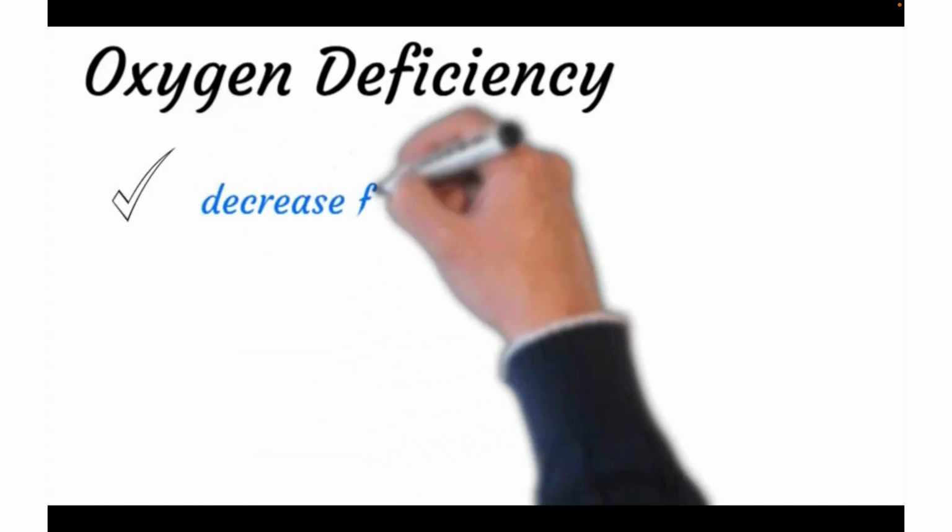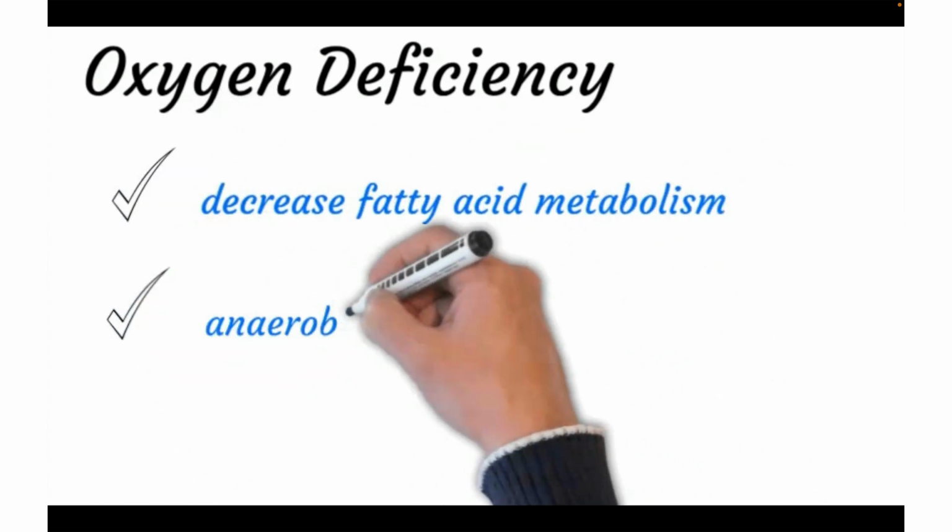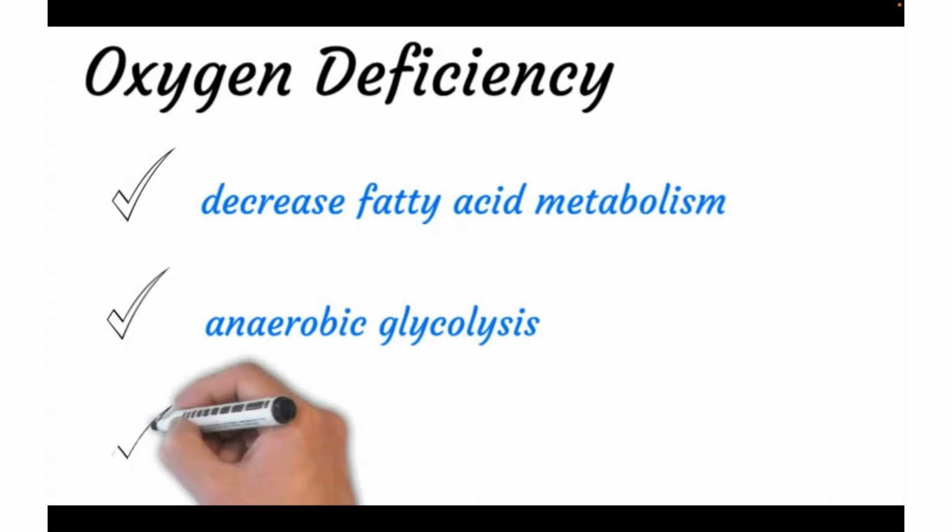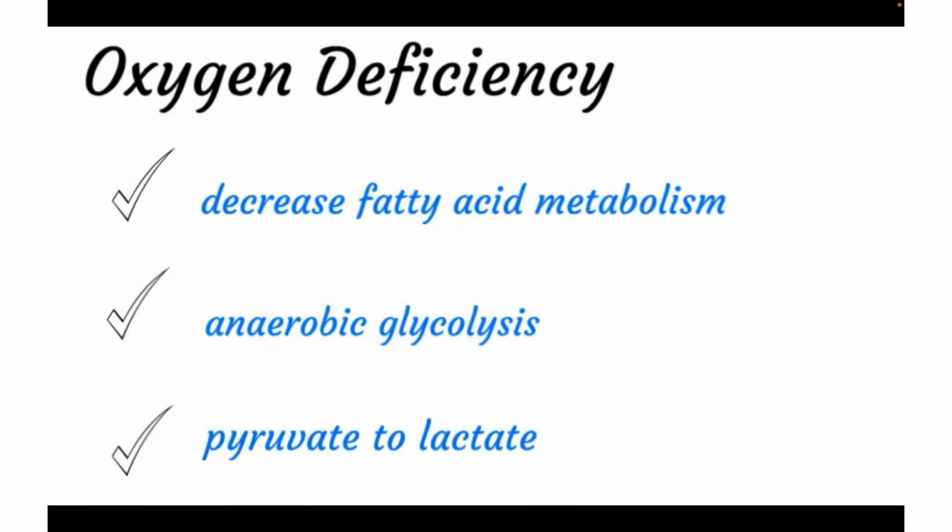Okay, so let's just talk quickly about oxygen deficiency. That is to say, how do we get ATP during oxygen deficiency? The first thing to understand is that while we talked about fatty acid metabolism to produce ATP, which we will detail shortly, there is a decrease in fatty acid metabolism in the absence of oxygen.